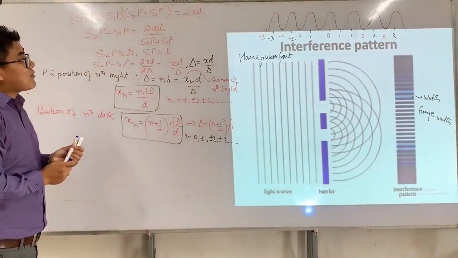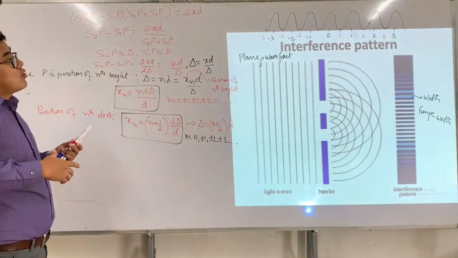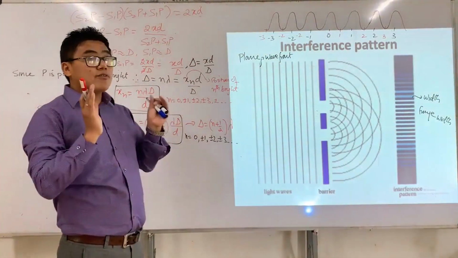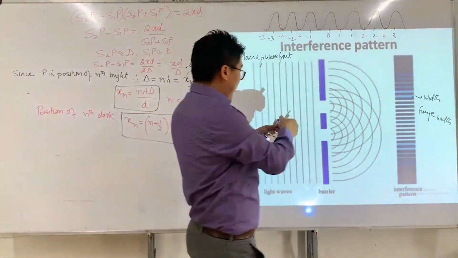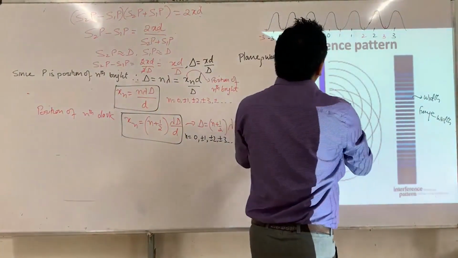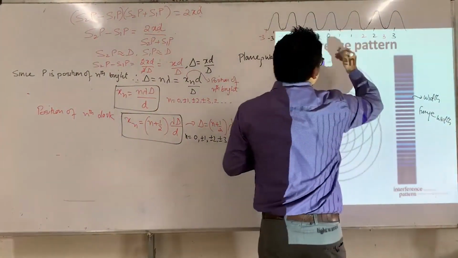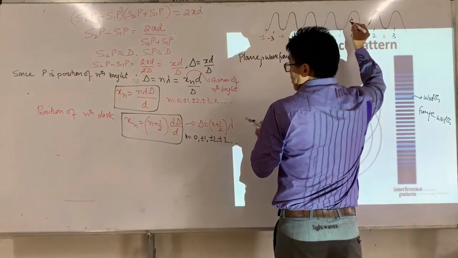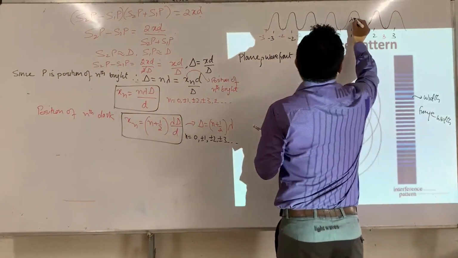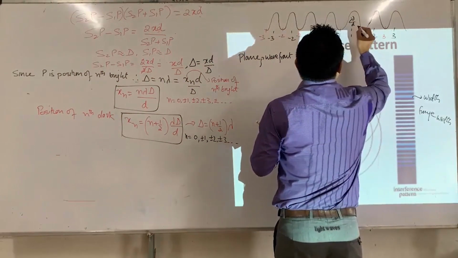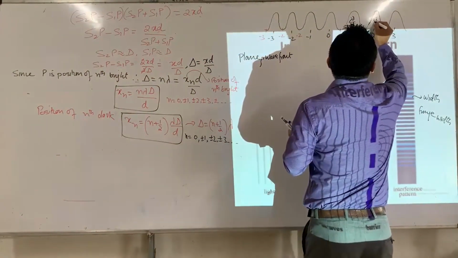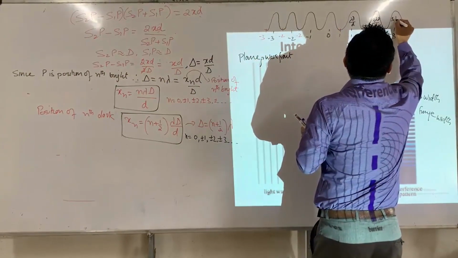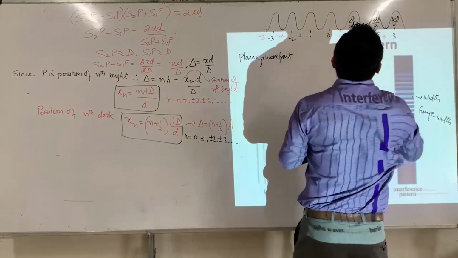Now we would like to find out the fringe width. If I write it more here, this distance is going to be lambda D by d. This is going to be 2 lambda D by d. This is going to be 3 lambda D by small d.